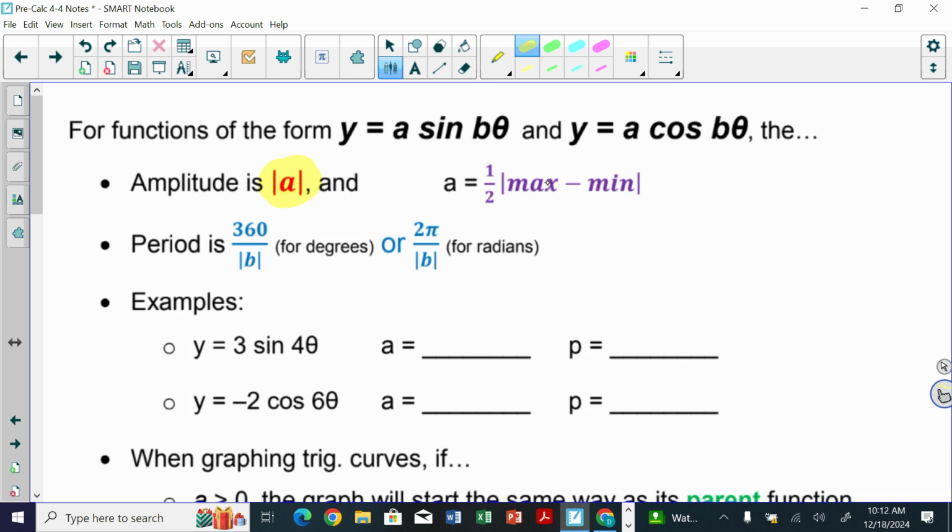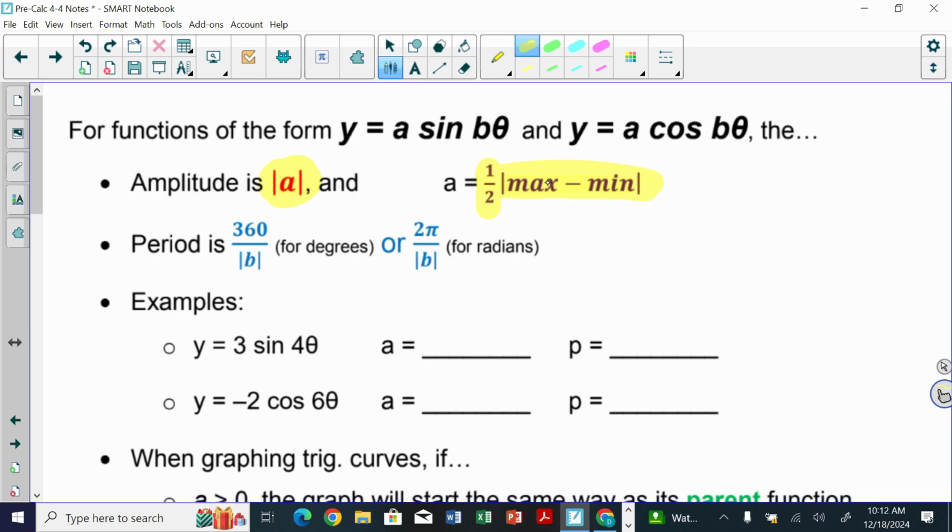And then we have a maximum and minimum. The a is 1/2 of the maximum minimum, okay? So whatever a is, take half of that, and that would give you your maximum point or your minimum point, okay?